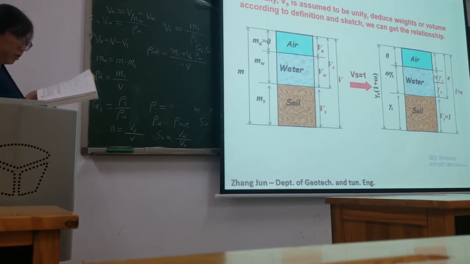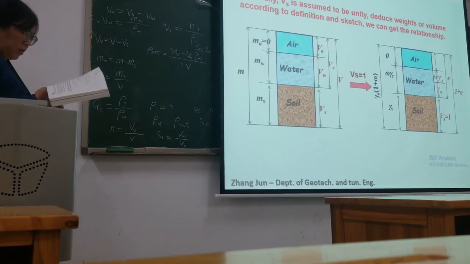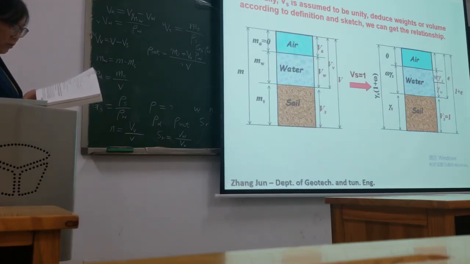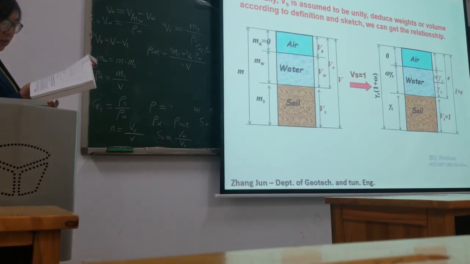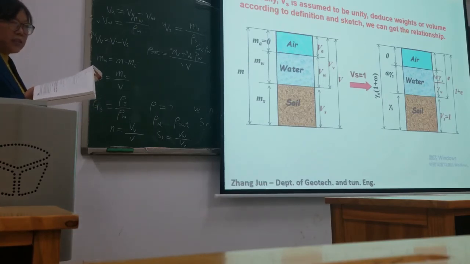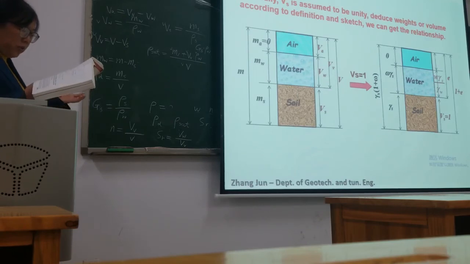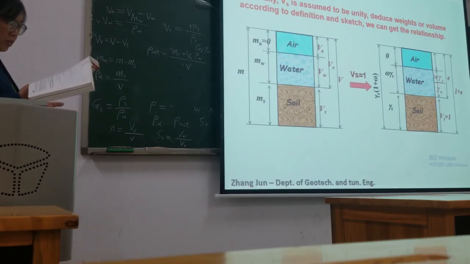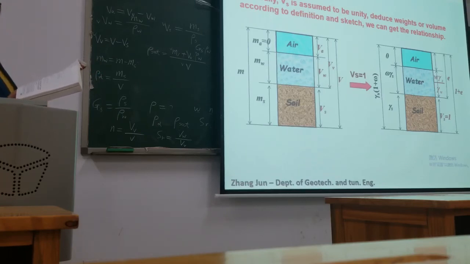Keep void ratio constant and increase water content to 22%. How much water will be infused into 1 cubic meter of soil?